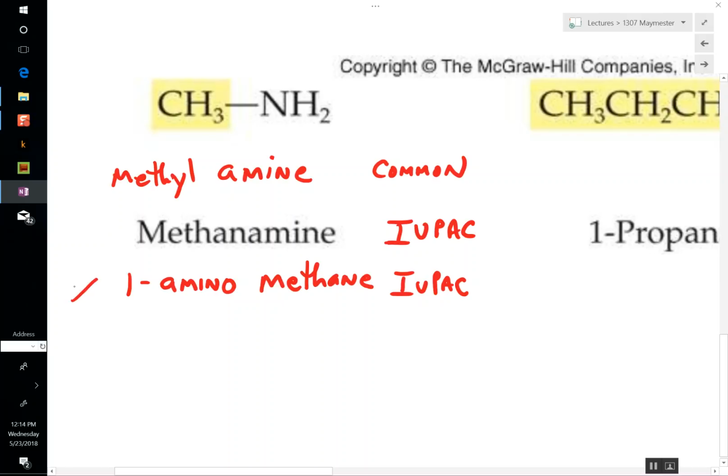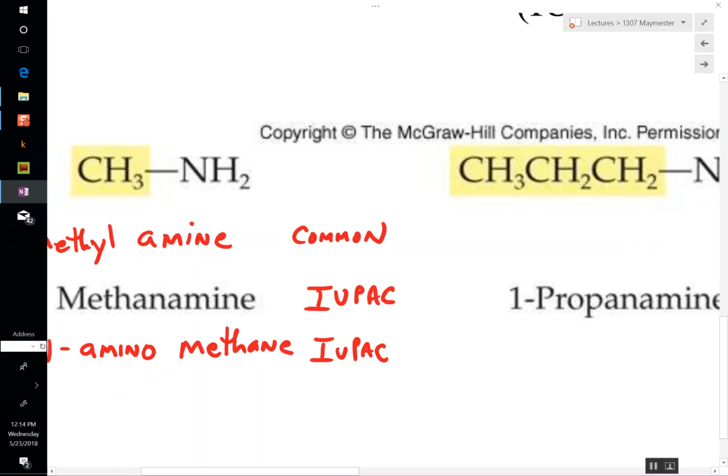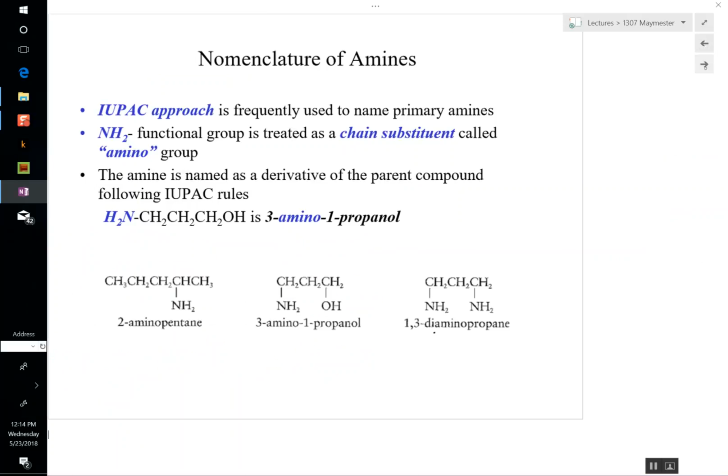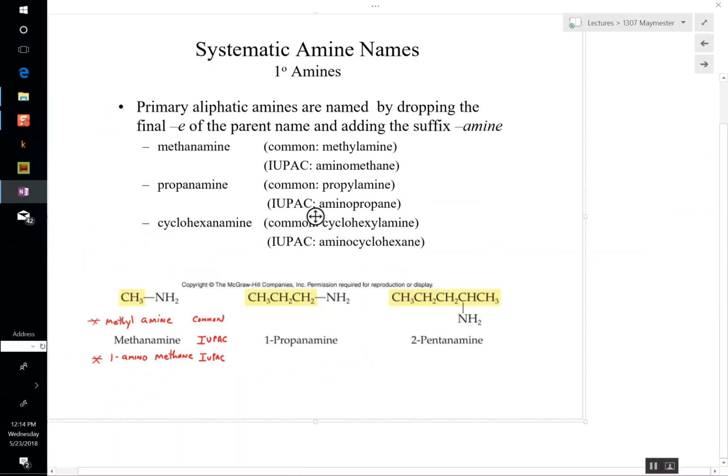All right, so I kind of lean on this for a simple one, a simple name or common name. And then you can see the 2 different ways that IUPAC works with this. Professor, I have another question too. You wrote it with a space between the 2 words, and over here it doesn't have a space.